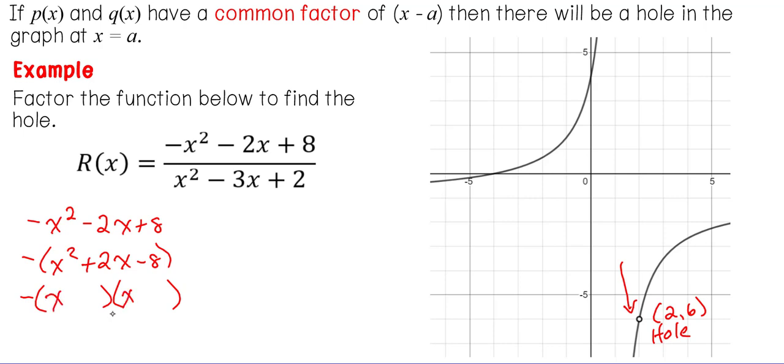And in this case, it's going to be my factors 4 and 2. And because 2 is positive, that means the bigger number should be positive. So that would be the factors for the top half. So my r of x would factor into negative x plus 4 times x minus 2.